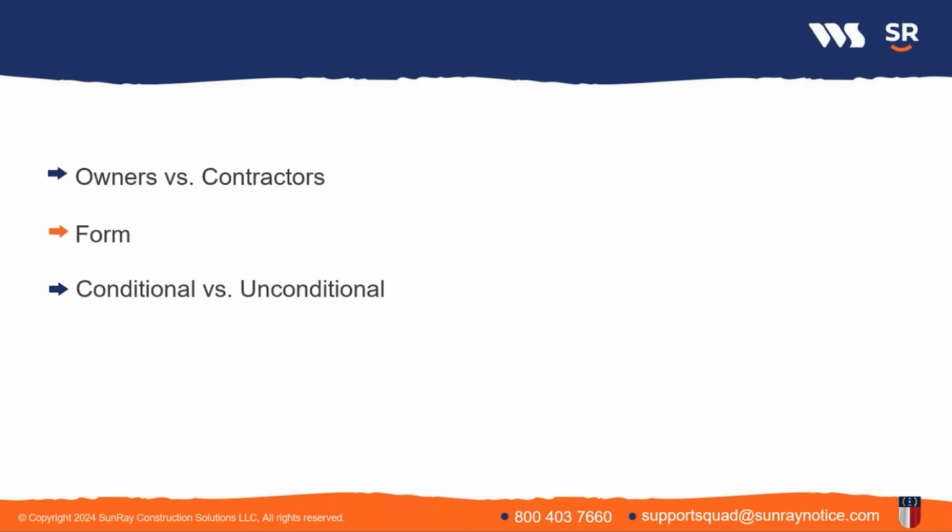So if you're an owner, typically you're going to want your subs and suppliers to sign lien waivers. And if you are a GC or a sub or a supplier, you may not want to sign a lien waiver. You typically are going to want to preserve as much of your lien rights as you possibly can.